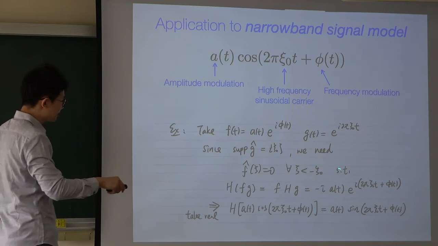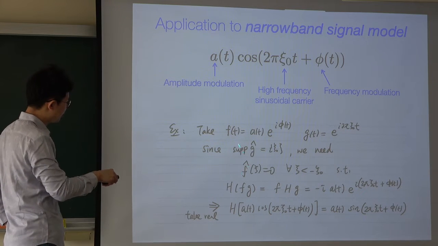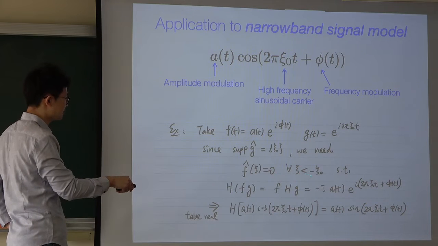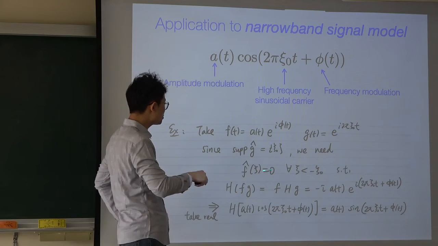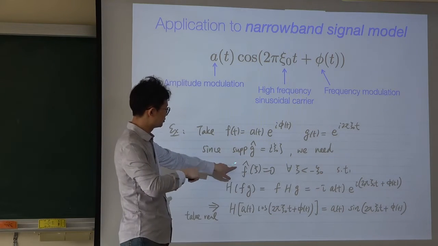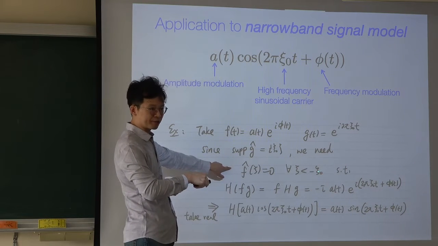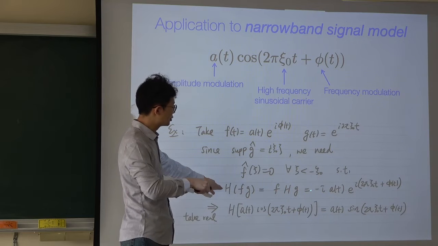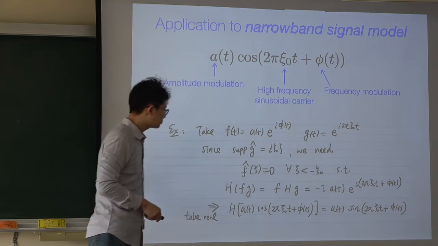And now we only need the Fourier transform of f to be 0 for any ξ less than minus c0. Okay, suppose this holds. Then by the Bedrosian or Nuttall theorem, you know the Hilbert transform of fg will be f times the Hilbert transform of g, which gives you the desired formula.